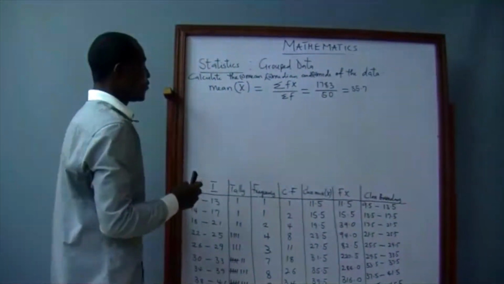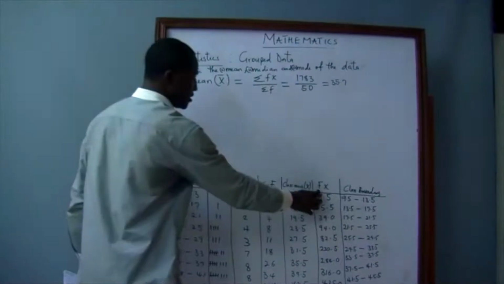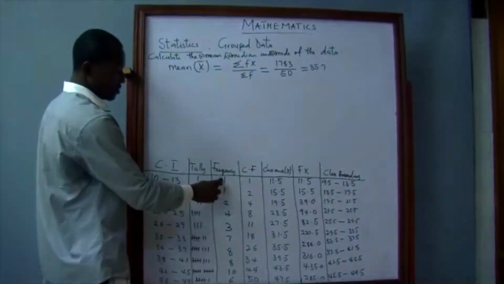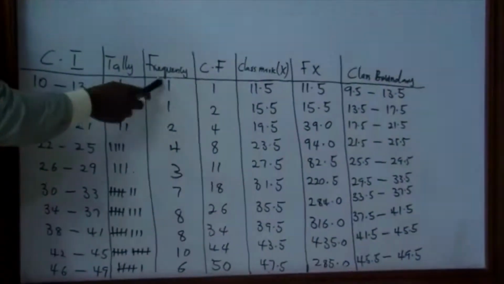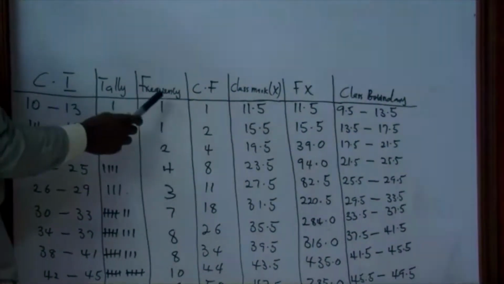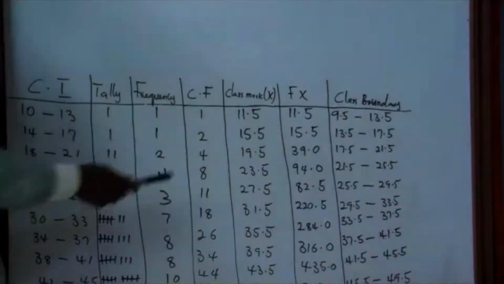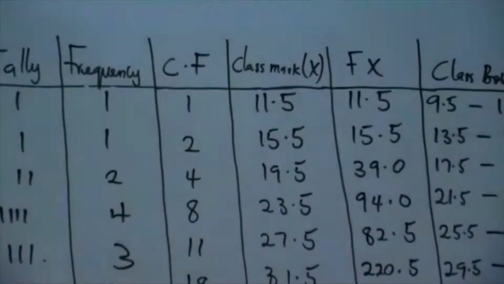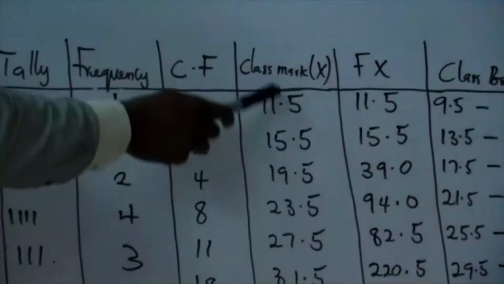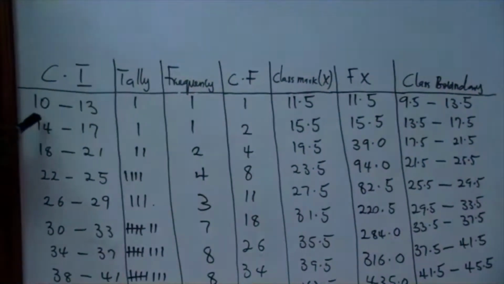Now, we have been able to get the fx, which is the frequency multiplied by the class mark x. Please don't forget that x represents the mid value, which is the class mark, instead of the class interval.